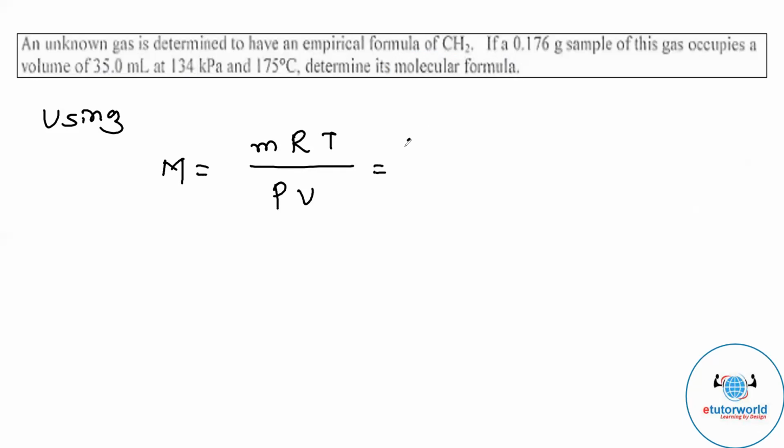So what is m? 0.176 gram. Units are very important. What is the value of R? 8.314 liter kilopascal per mole per Kelvin, times temperature. Now, Aditi, degree Celsius is given. So convert this to Kelvin and tell me the value.